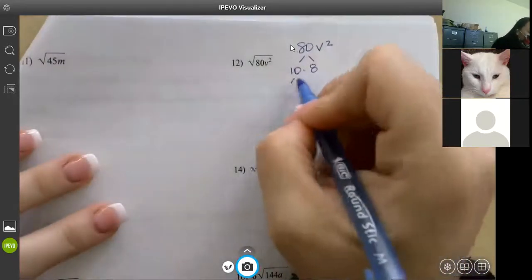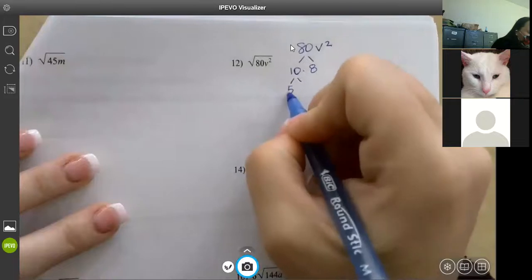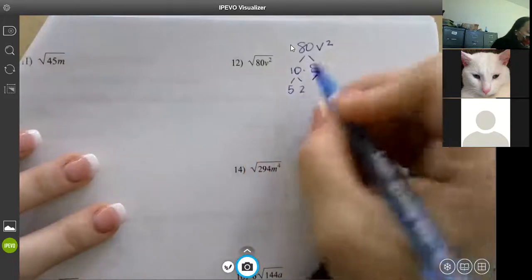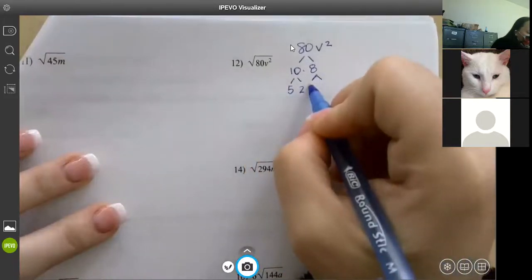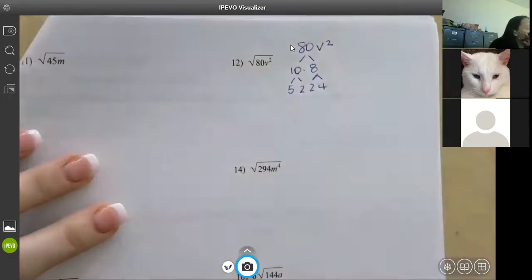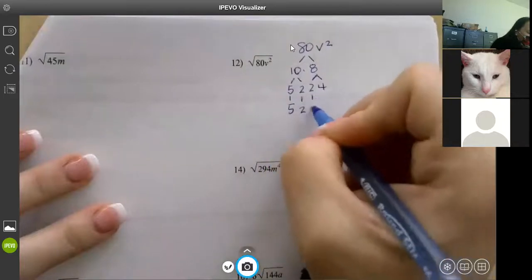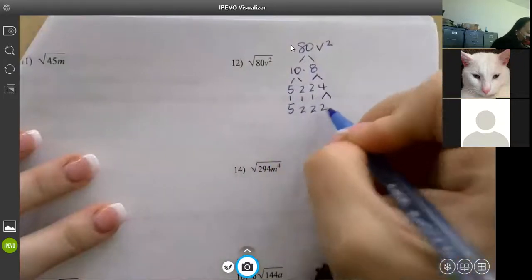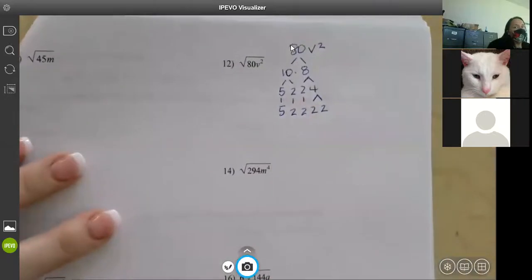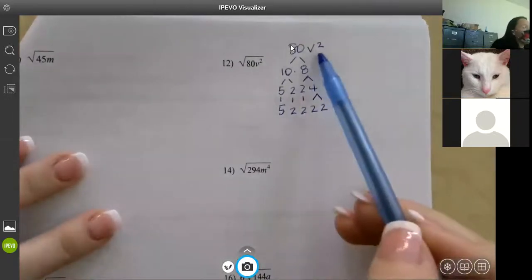What are your factors of 10? 5 and 2. Your factors of 8 are 4 and 2. We're going to bring down our 5, bring down our 2, bring down our 2, and this 4 factors into 2 and 2. We have b squared on the end.